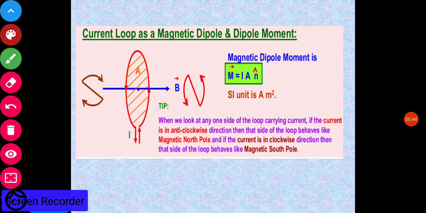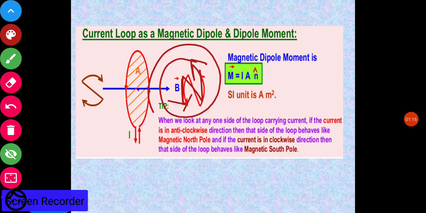If you look from one side of the loop carrying current, and the current is anticlockwise, then that side of the loop behaves like a magnetic north pole. Easy to remember: in the letter N, if you put the arrows at its ends, it moves like this, so it is the anti-clockwise direction.